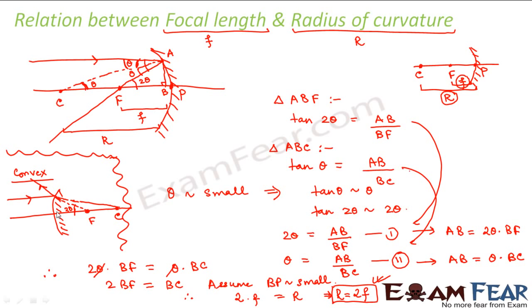So we'll do the same things as we did in the case of concave mirror, right? The calculation part will remain the same, just that your ray diagram will change because this is a diverging mirror now. So just for your own practice, try to derive this expression for a convex mirror as well, right? So I hope it is clear to you now.